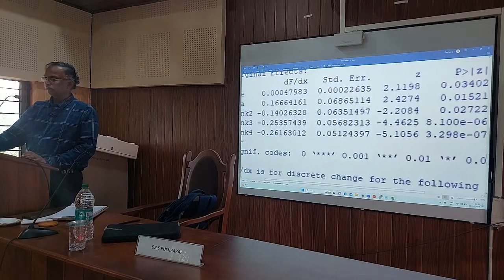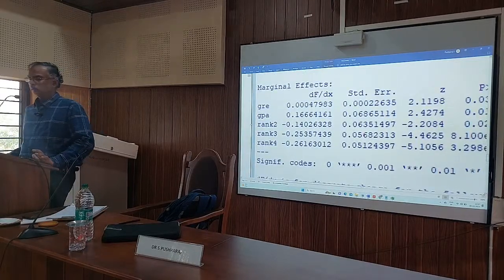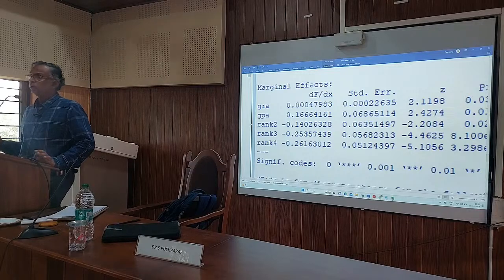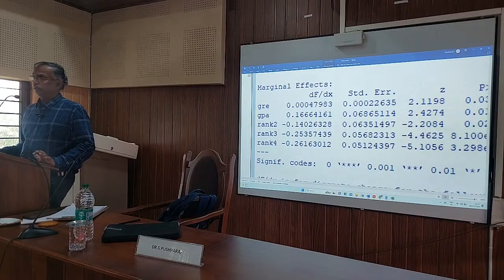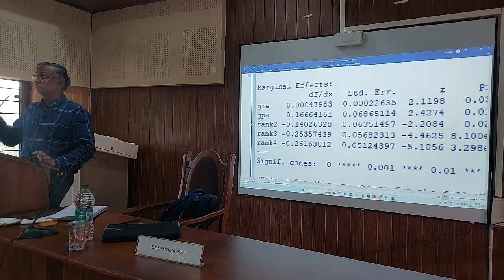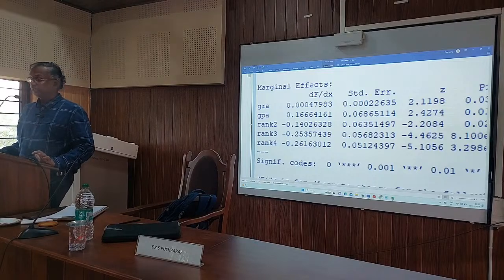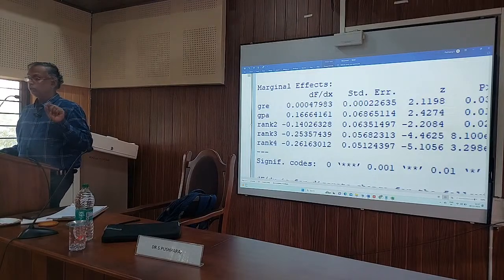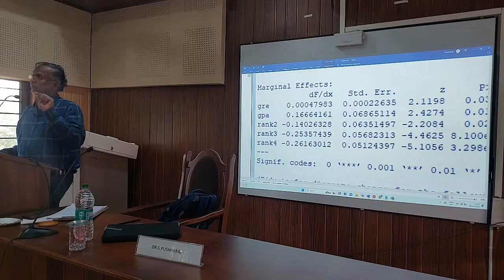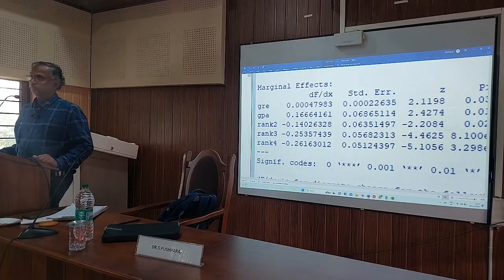Look at this. When there is 1 unit change in the grade point, the marginal probability of getting admission increases by 0.0004 units. The probability increases by this many units.